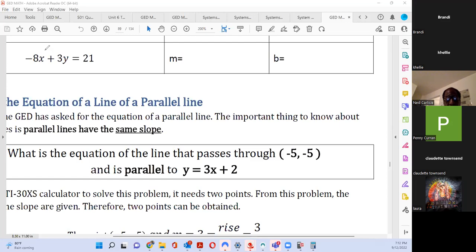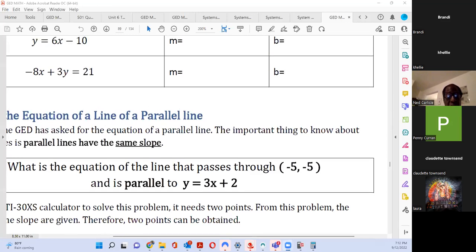Okay, so remember, again, there's two forms I want you to be familiar with. Does anybody know what form of a linear equation this is? Does anybody know the standard form? Standard form, AX plus BY equals C. Once you identify standard form, you need to identify each of the coefficients.